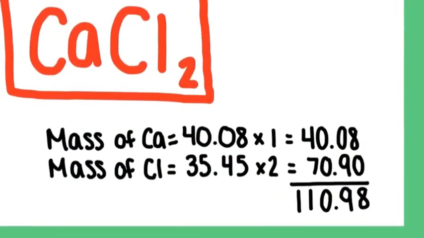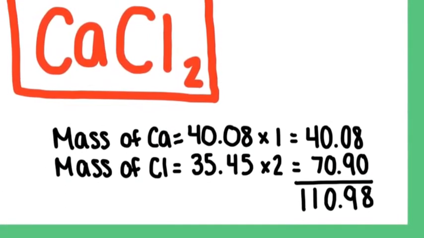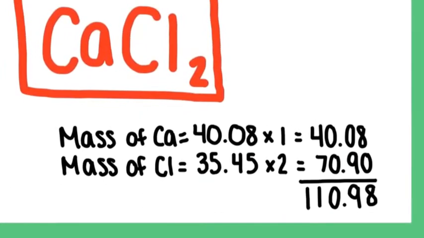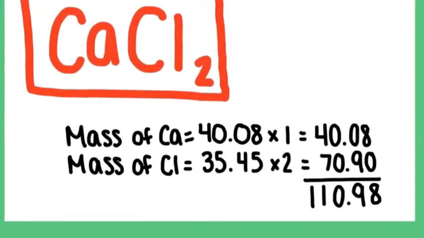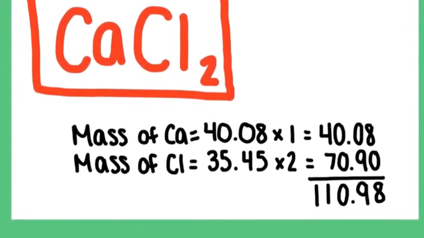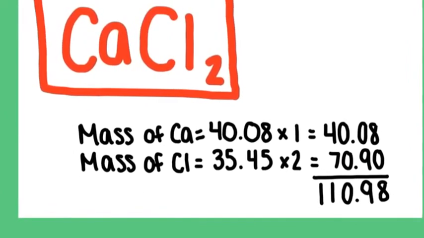Since there are 2 atoms of chlorine and only 1 of calcium, we multiply the mass of chlorine times 2, which is 70.90, and add the mass of calcium, which is 40.08, and we find that the molar mass of calcium chloride is a total of 110.98 grams.